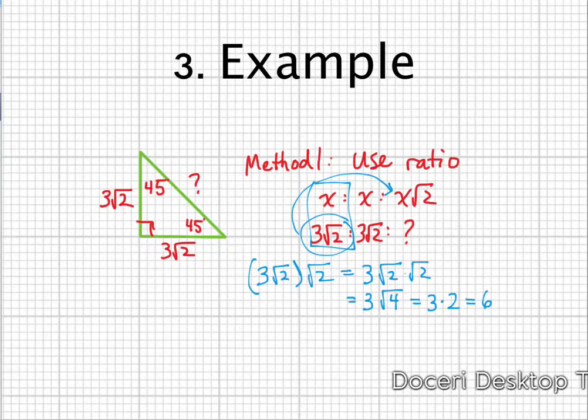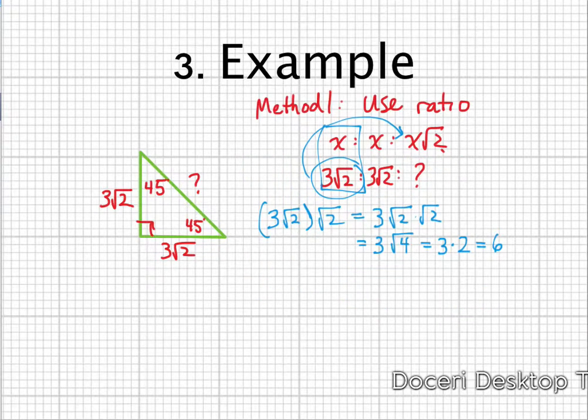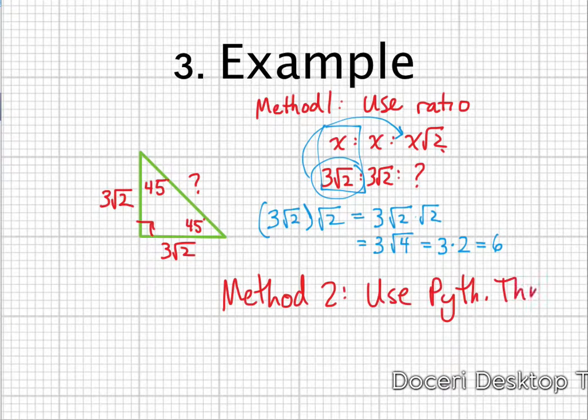That's method 1. Method 2 is using the Pythagorean theorem. Okay? Since we know the two legs, all I have to do is square them, add them together, and that gives me my hypotenuse squared.